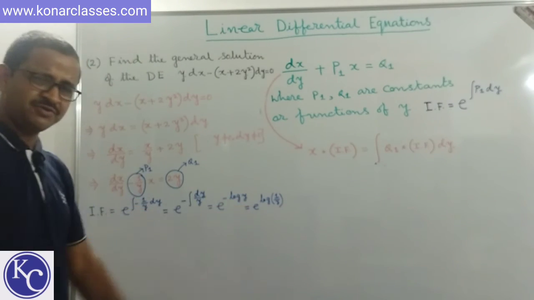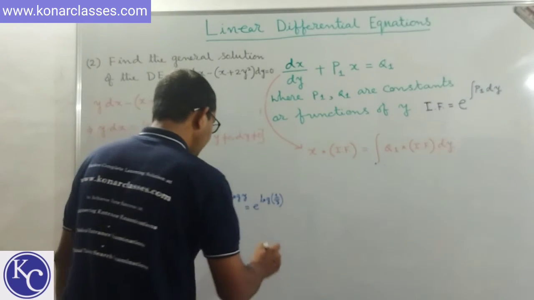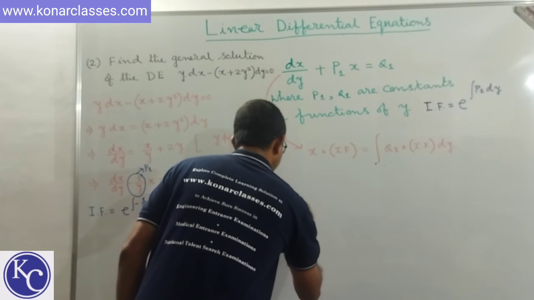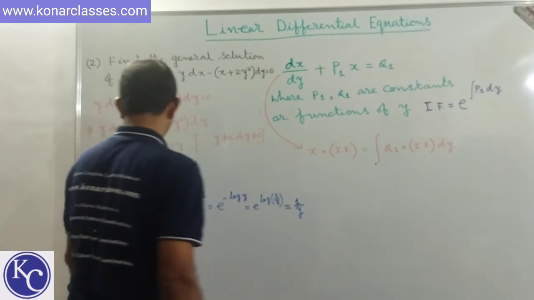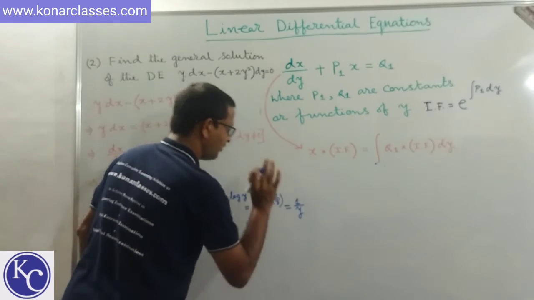Using the properties of logarithm, e power log 1 by y means 1 by y, correct or not? So in simple terms, the integrating factor is now 1 by y.